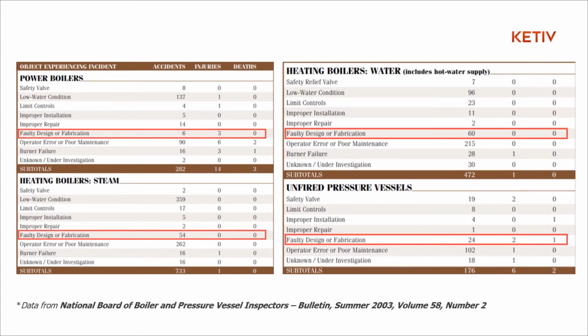This data was taken from the National Board of Boiler and Pressure Vessel Inspectors, their bulletin from summer 2003. As you can see, what's highlighted in red talks about the frequency of faulty design or fabrication, and somewhere in the text they actually mention that most of this, even the fabrication errors, most of them can be attributed to design errors.